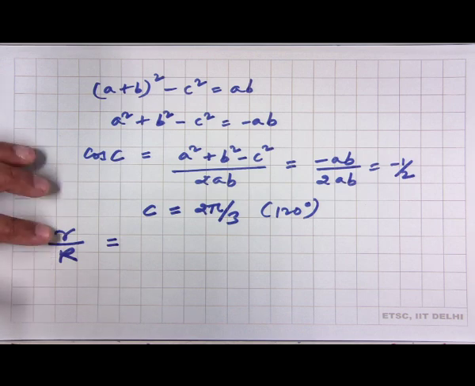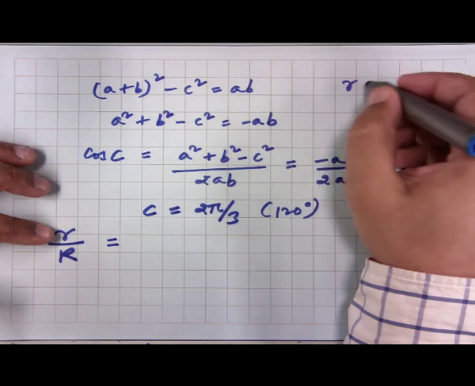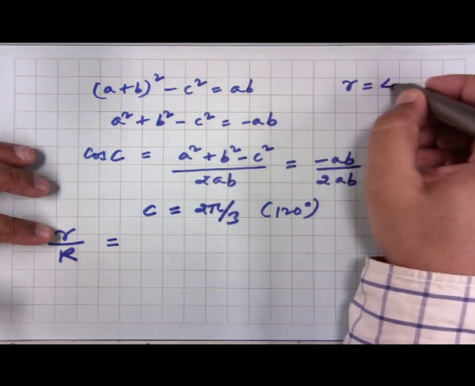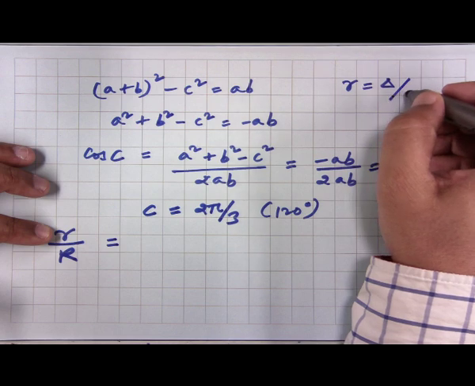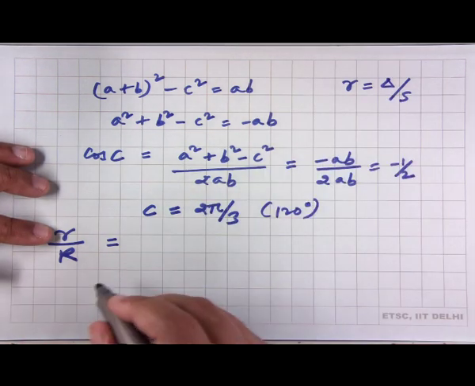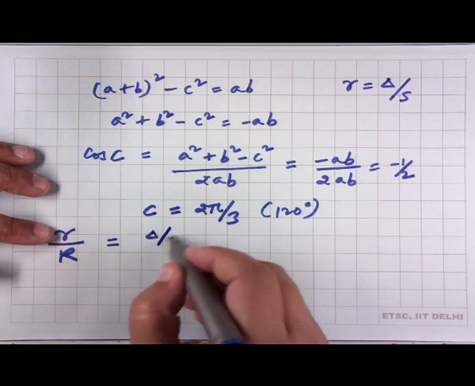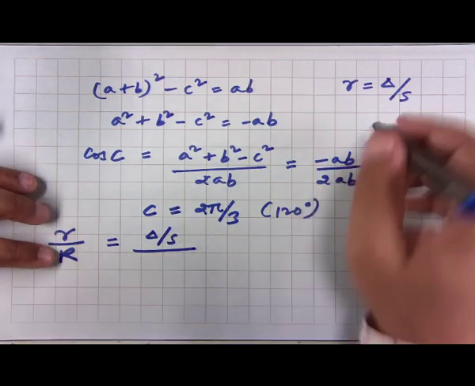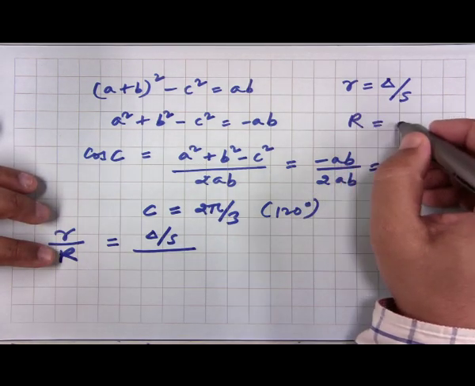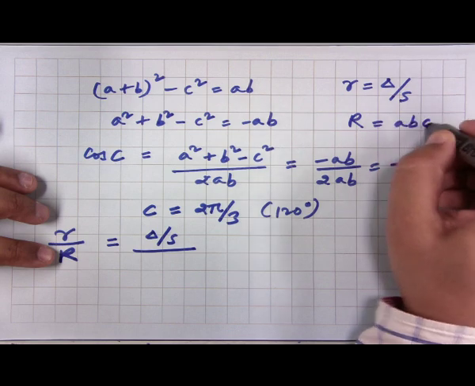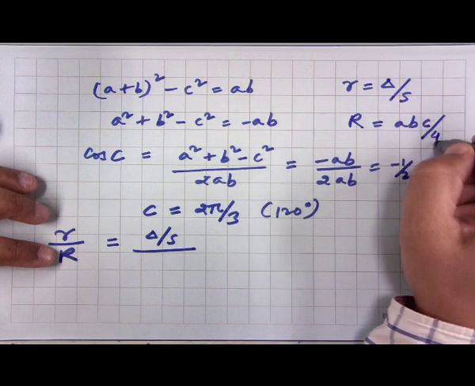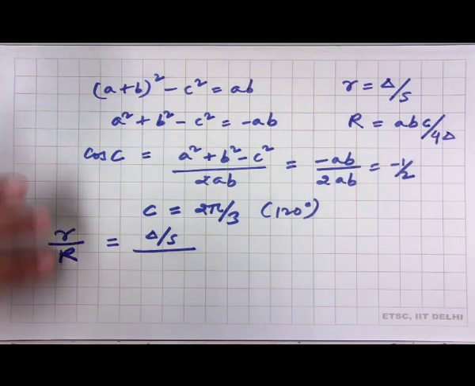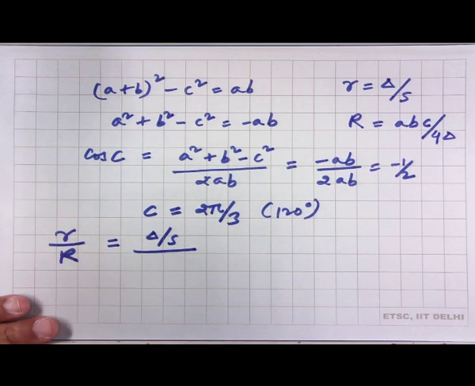For the inradius we had the formula r is equal to area divided by S. The expression for the circumradius was the product of the lengths divided by 4 delta, where delta again is the area.